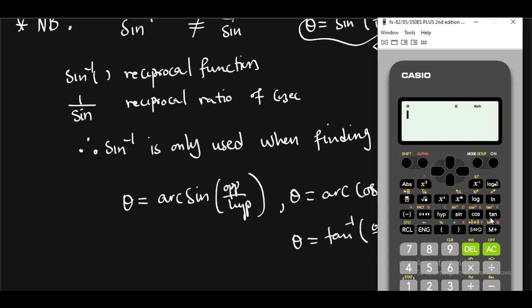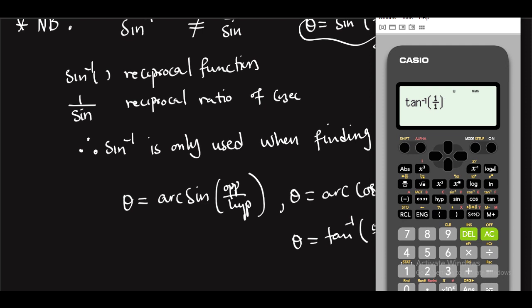For example, I want to use tan, and opposite over adjacent, my opposite is 1 divided by 1, and I want to see how much my angle will be. If I press equals, I can see that the answer is 45.